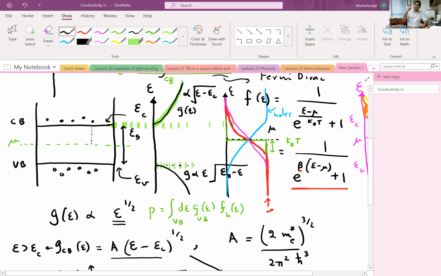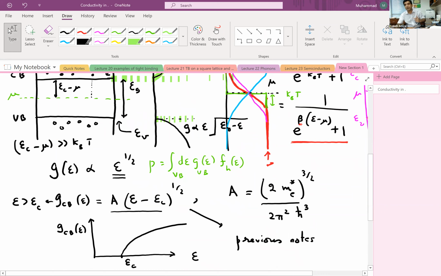The chemical potential is inside the band gap, so I'm assuming that EC minus mu, which is this gap, is much larger than kBT. So the chemical potential is assumed to be below the edge of the conduction band by several kBT units. This is my assumption in this calculation.